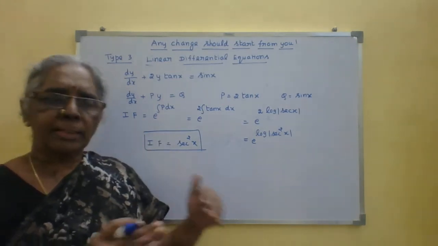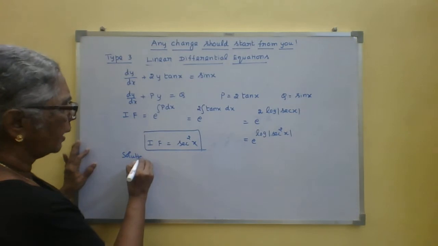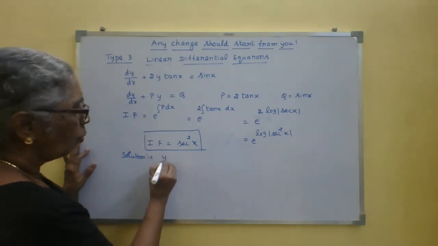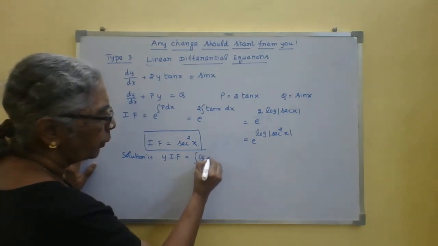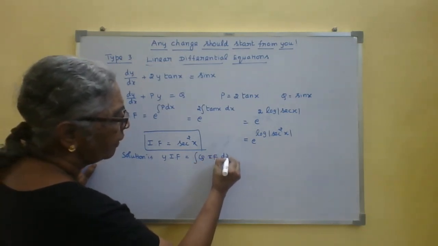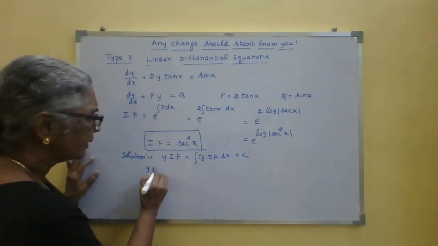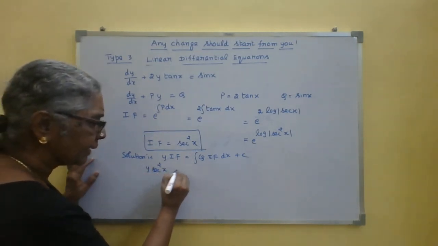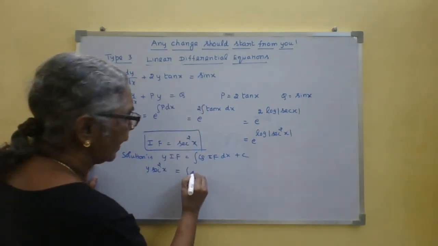After this, you can straight away write the solution: y into IF is equal to integral q into IF dx plus c. So y secant squared x is equal to integral. What is q? q is sin x.